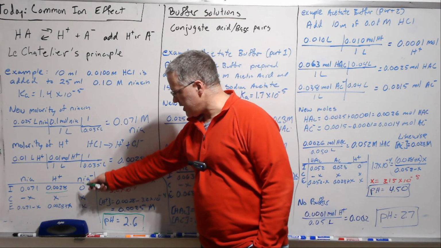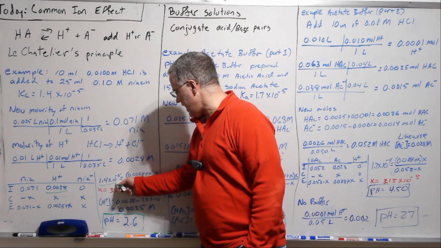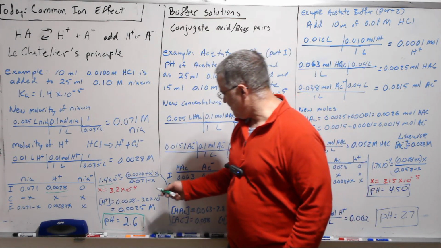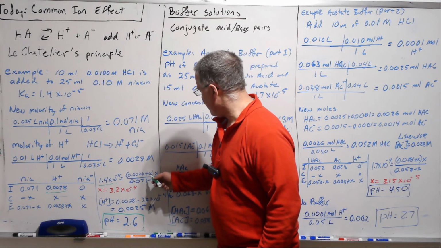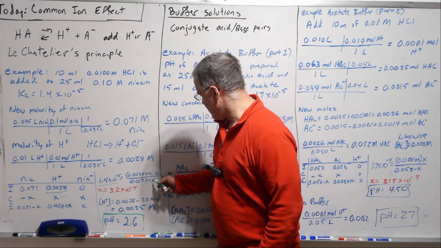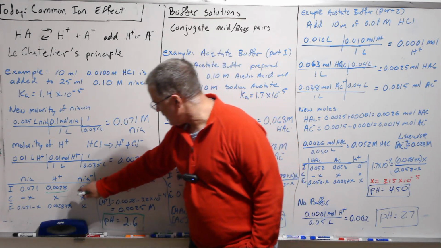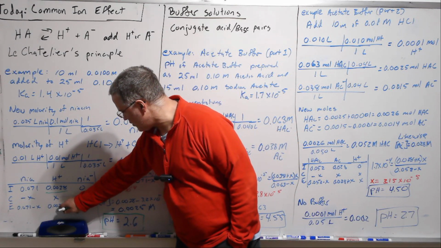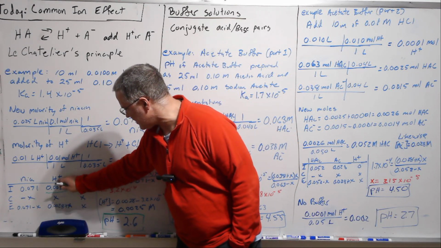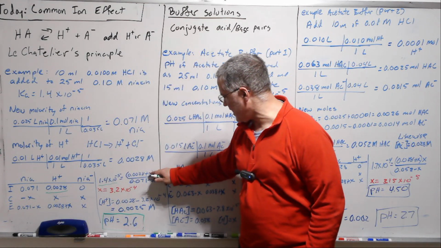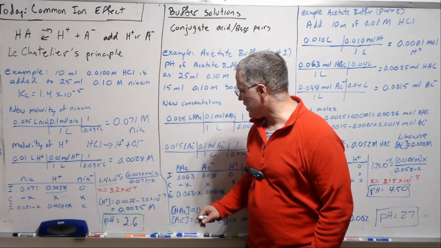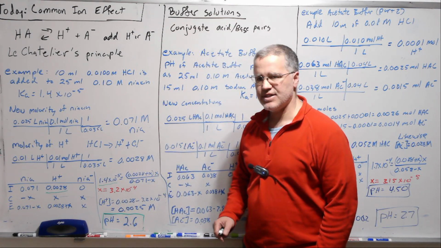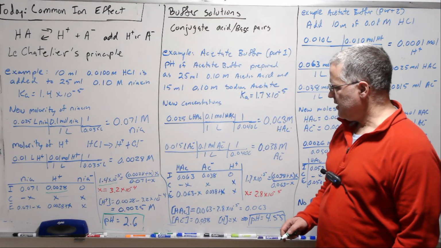So we calculate things as normal. Here's our Ka for this. And then we've got our 0.0028 plus X, because this is a product. So we've got a plus X up on top here, and then times X, that's just our conjugate base, and then our original niacin minus the change.